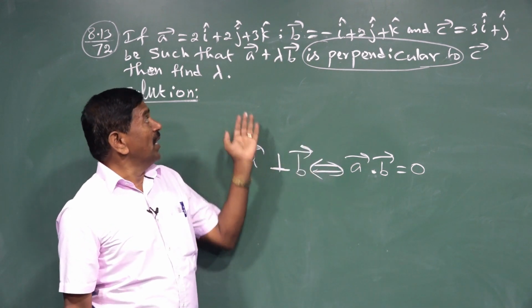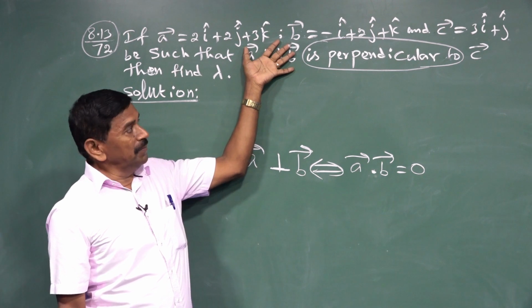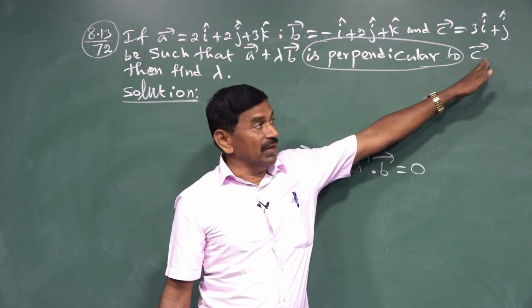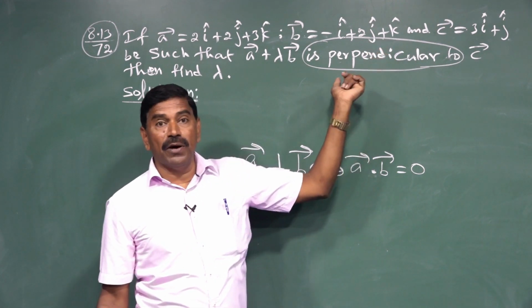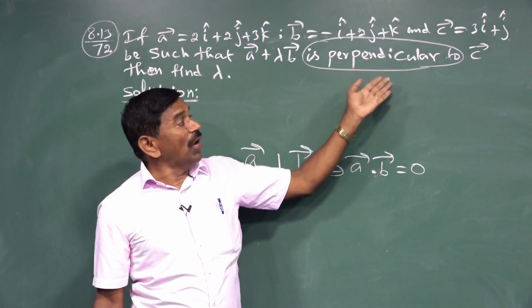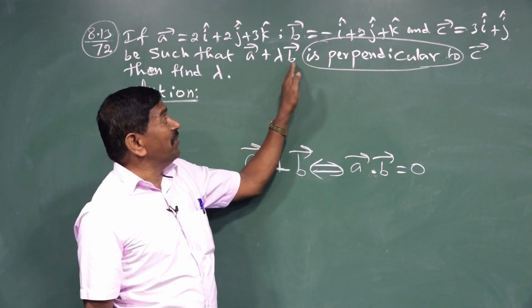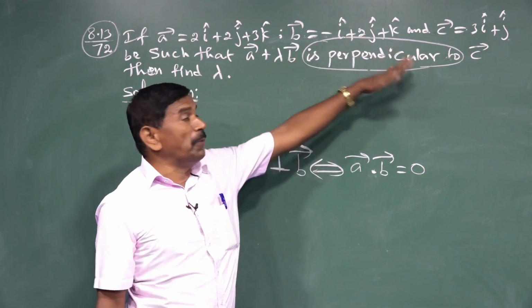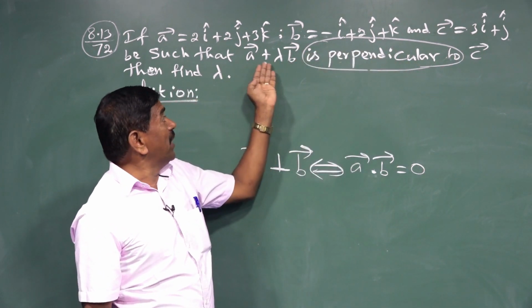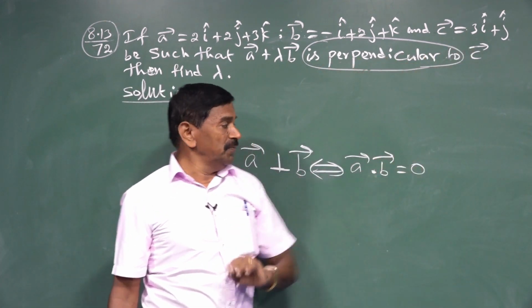Here, a vector plus lambda into b vector is the first vector, c vector is the second vector. And these two vectors are perpendicular, then what is the formula? Dot product equal to 0. Since a vector plus lambda into b vector is perpendicular to c vector, therefore their dot product is equal to 0, which means (a vector plus lambda into b vector) dot c vector equal to 0.